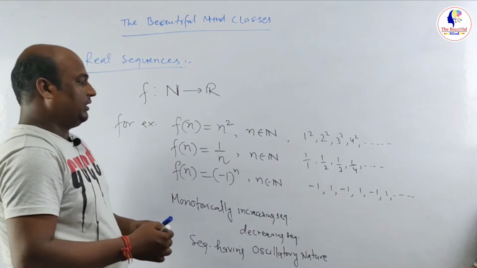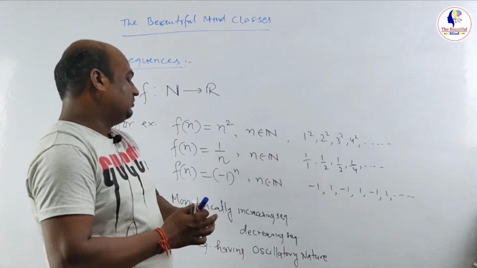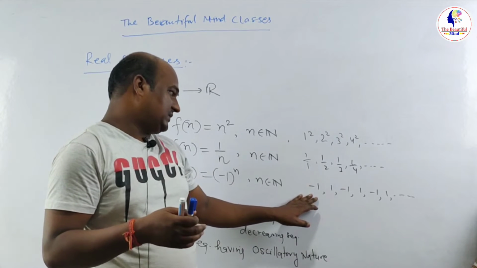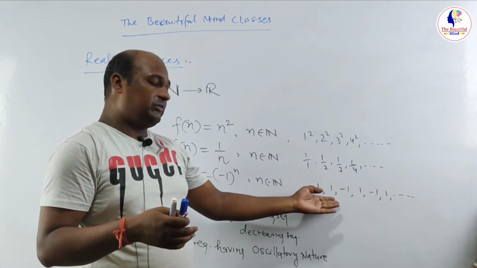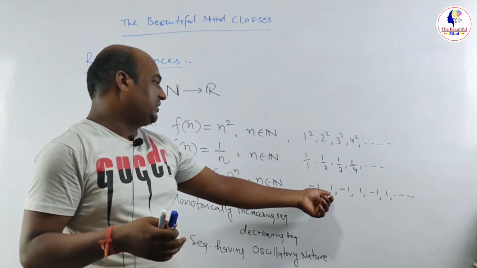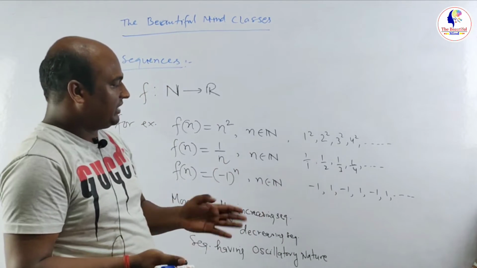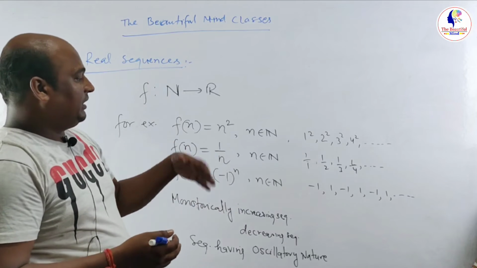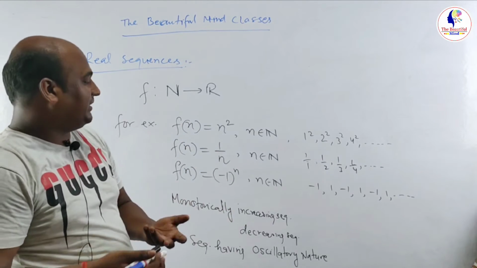That means for one value it is taking minus 1, for the next value of the natural number it is taking plus 1, minus 1, plus 1, minus 1, plus 1. It is having oscillatory nature.